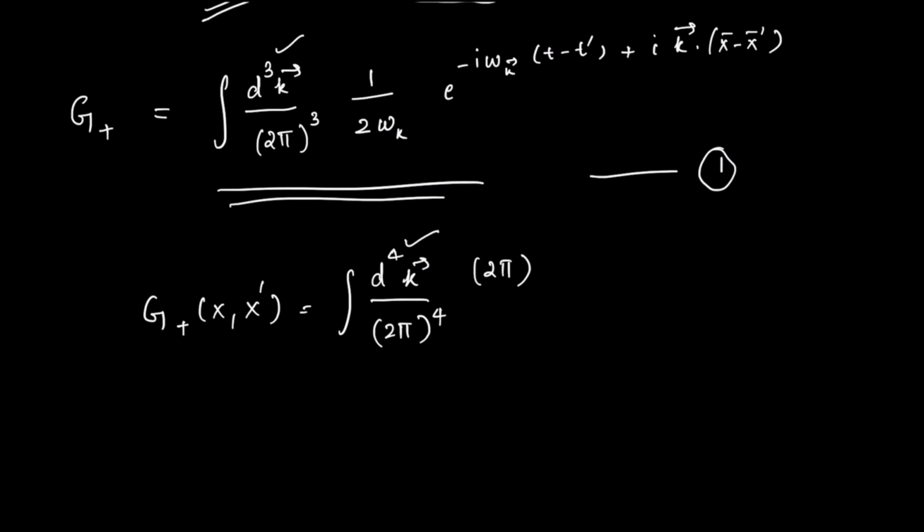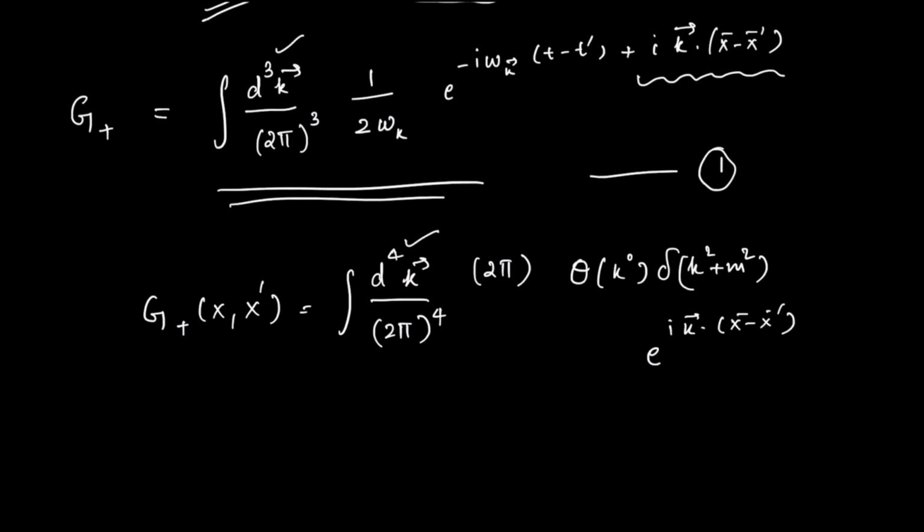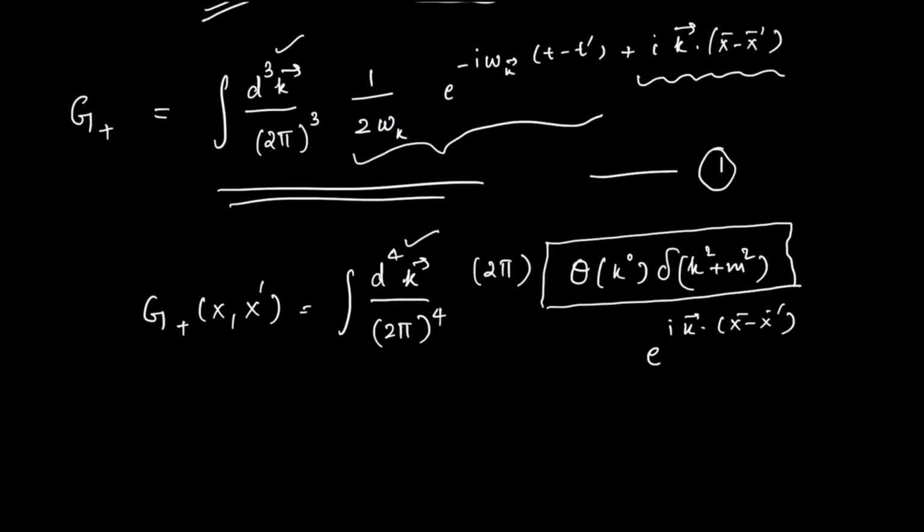Then I am writing theta of k naught, delta of k square plus m square. Then e raised to i k dot (x minus x prime) as it is.